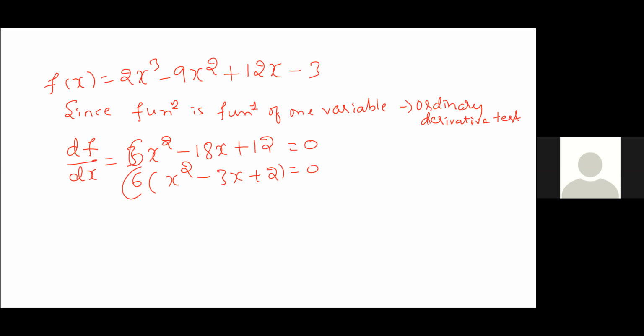Since 6 is a constant, we can cross multiply, then it will become x square minus 3x plus 2 equals 0. So now what are the roots of this equation? 2 and 1, right?